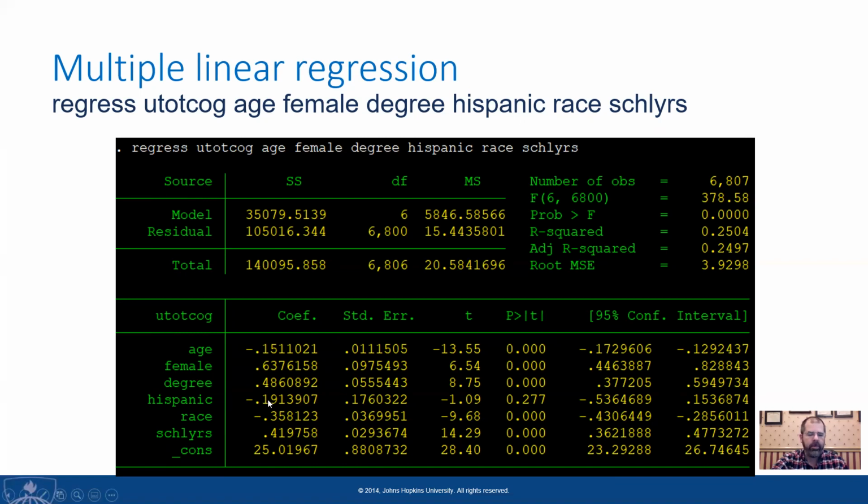Even though the beta coefficient is -0.19, the standard error is quite large, and the coefficient divided by the standard error leads to a t-statistic of -1.09, which is associated with a p-value of 0.277. This is not statistically significant, and the confidence interval here overlaps 0. This ends part one of the demonstration of linear regression.